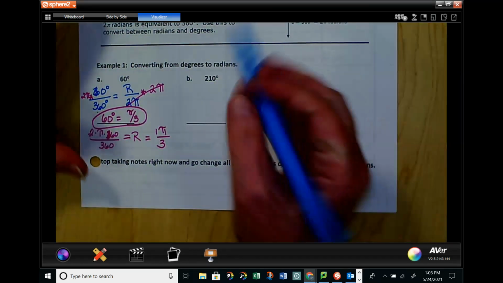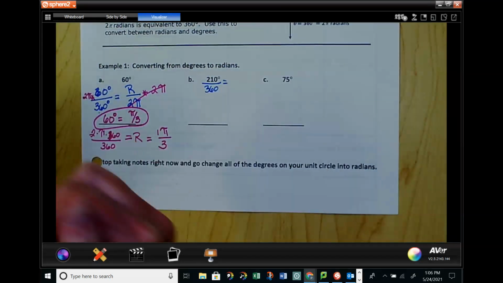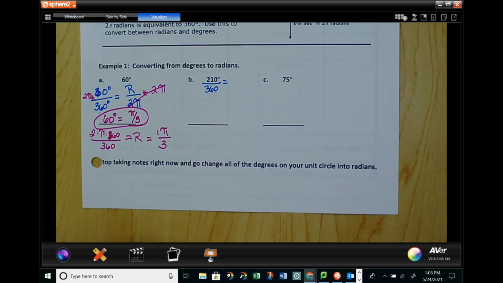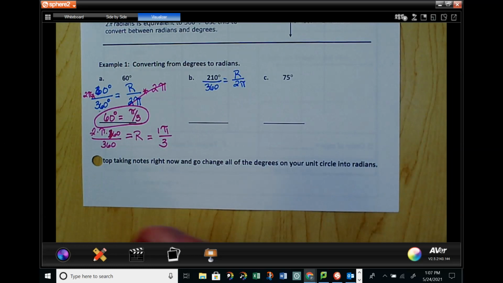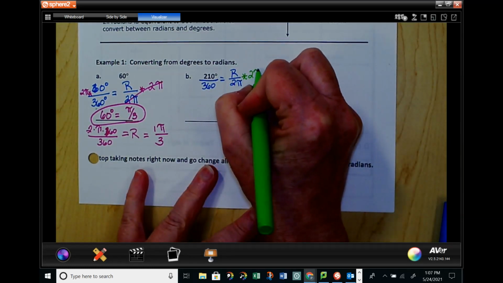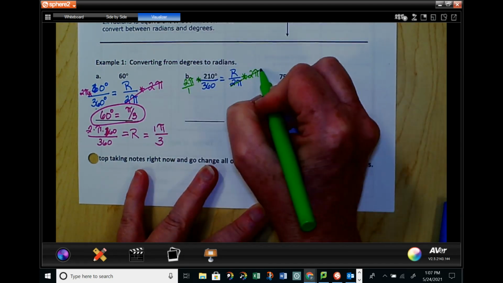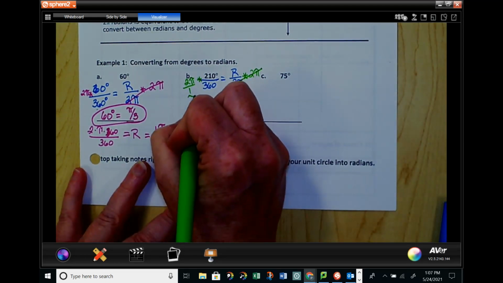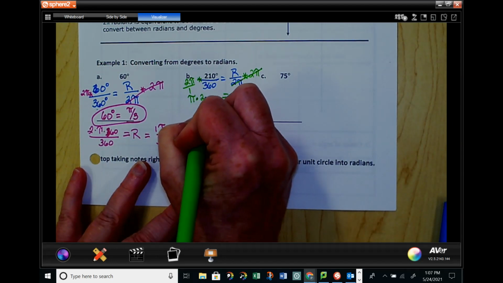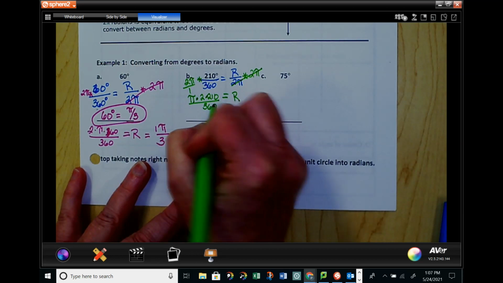So let's go through and do 210. 210 over 360 is the same as my radian over 2 pi. We multiply by 2 pi, that cancels out, so I'm just left with radians equal to pi times 2 times 210, all over 360.